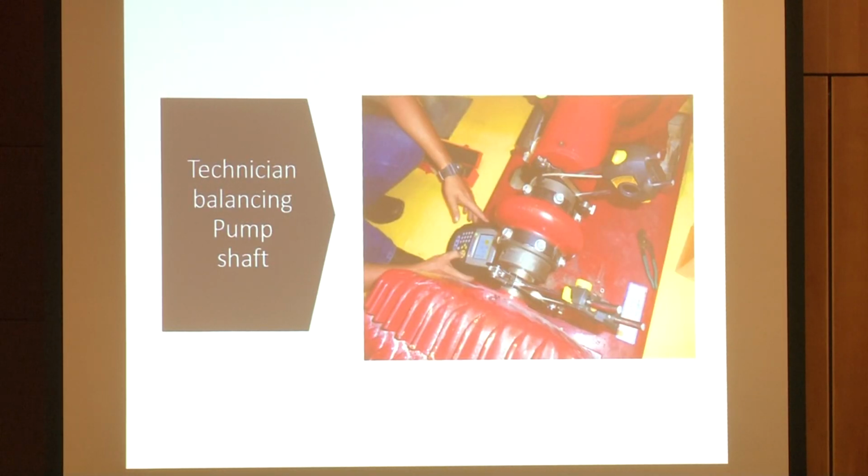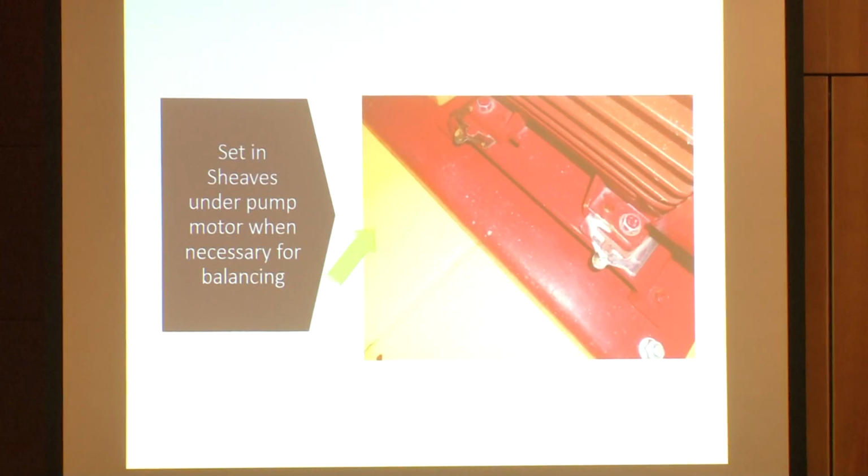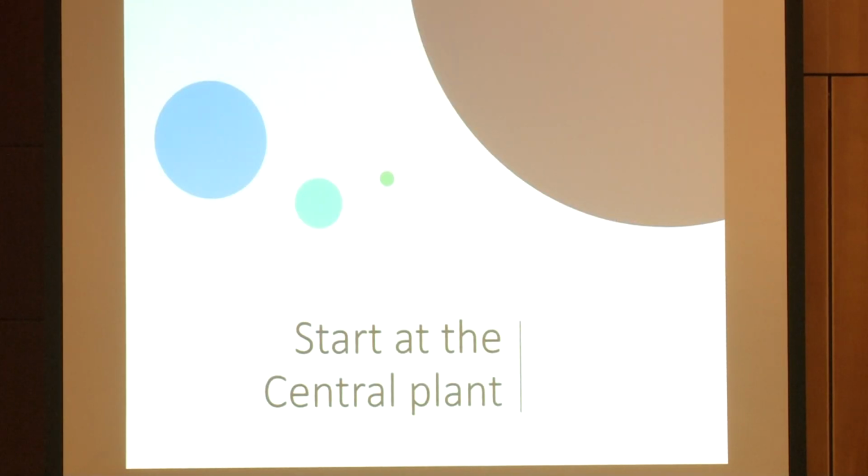If it's not okay, then that technician will end up putting in some shims there to make sure that the pump is set up correct and is operating right. So it's important to get those pumps to operate well, because pumps are usually very big and very powerful. And if they start jumping around, bad things happen inside the piping plant. So that's very important to get set up very early on.